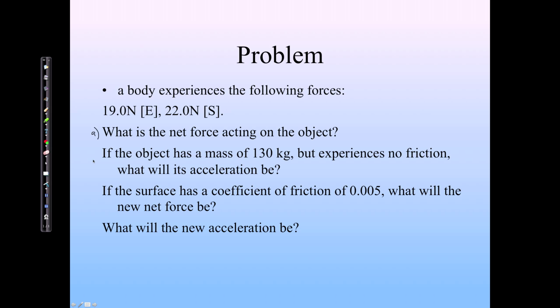Let's call this part B. If the object has a mass of 130 kilograms but experiences no friction, let's find its acceleration. We'll call this part C. If the surface has a coefficient of friction of 0.005, what will the new net force be? And D, what will its new acceleration be if it's experiencing this friction?